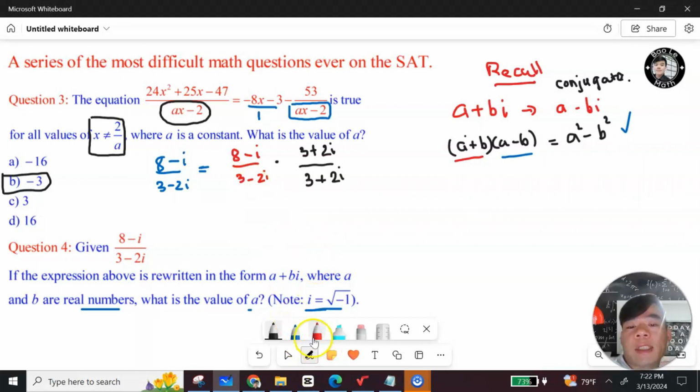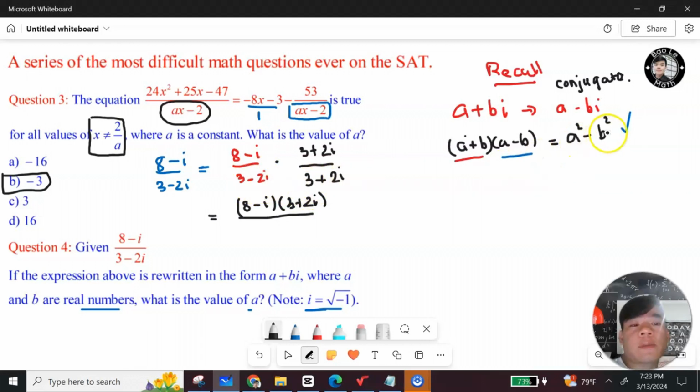Alright, so I just combine the top. So I have 8 minus i times 3 plus 2i, over the bottom, 3 minus 2i times 3 plus 2i.